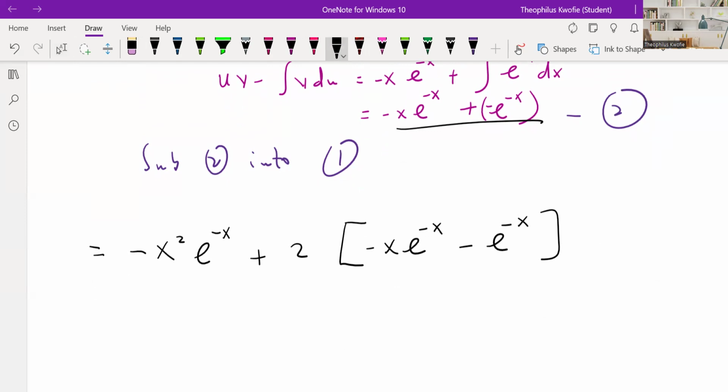At this point, we are just going to evaluate this expression at the endpoints, and the endpoints were 0 to 7. Is that okay? Please, do we all understand this?